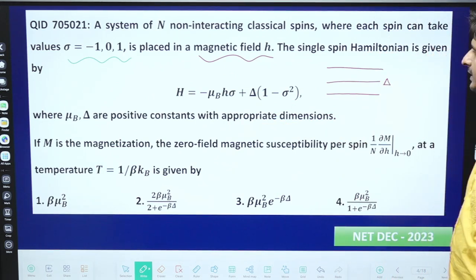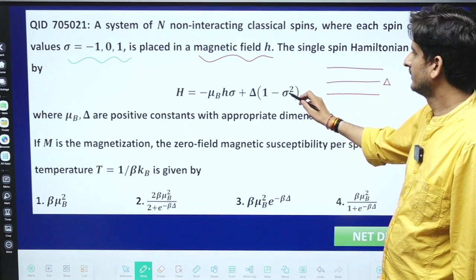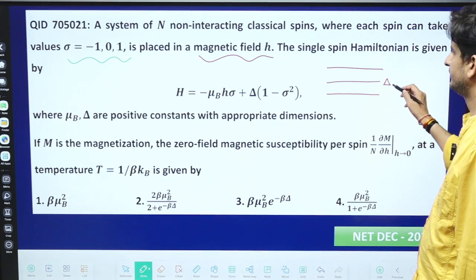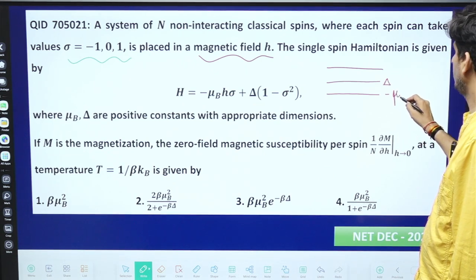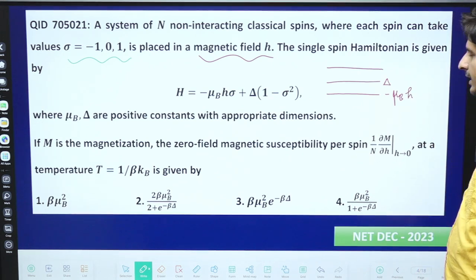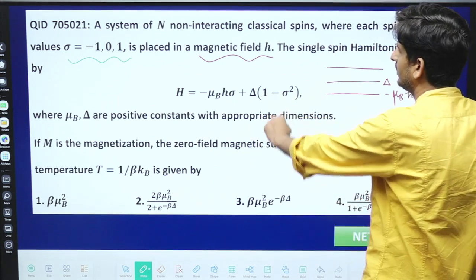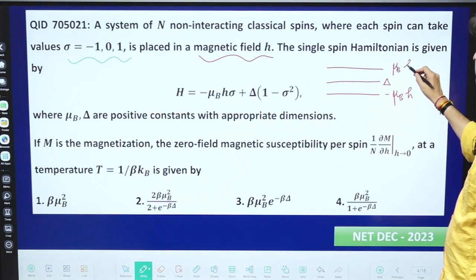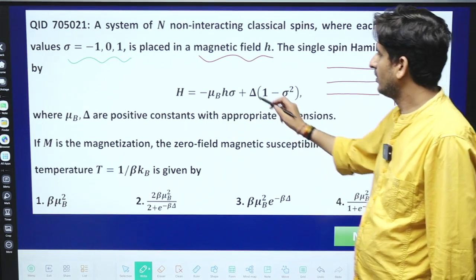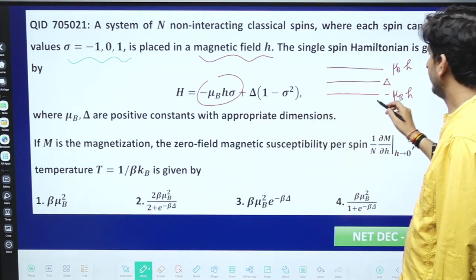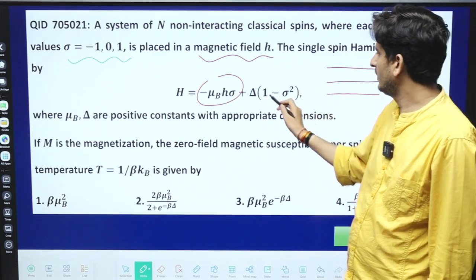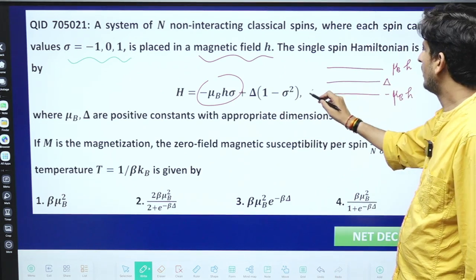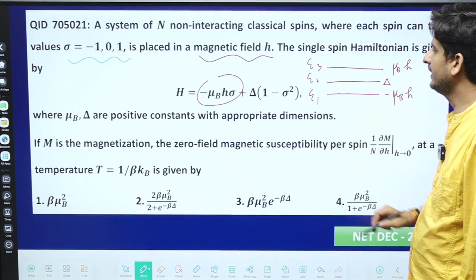If I put sigma equal to 1, this part is gone, so it will be minus mu_B H. If I put minus 1, it becomes mu_B H. So this is the 3-level system of energies E1, E2 and E3 that is formed.